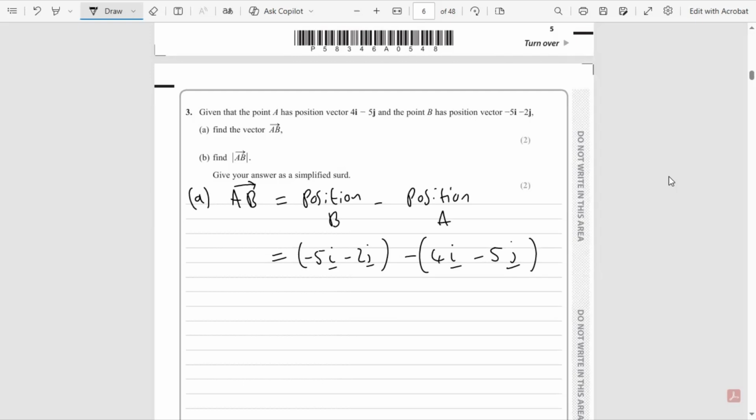Collecting the i components and the j components, minus 5i minus 4i gives us a minus 9i, and then minus 2j subtract minus 5j, so minus 2j plus 5j will give us a plus 3j. And that is our final answer for part A.